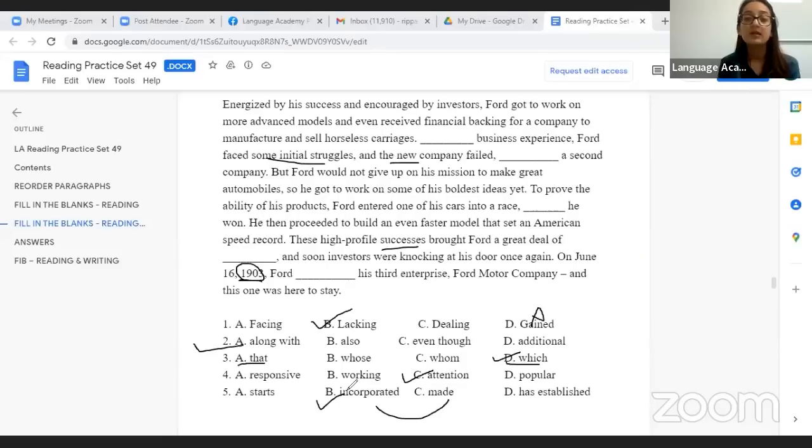Has can only be used in present tense. What happened? Even this one was here to stay. Was is also past tense only, guys. Why are you looking at it, even if you're looking at was, it is past tense. What relation does it have to select present tense? Has is present tense and was is past tense.